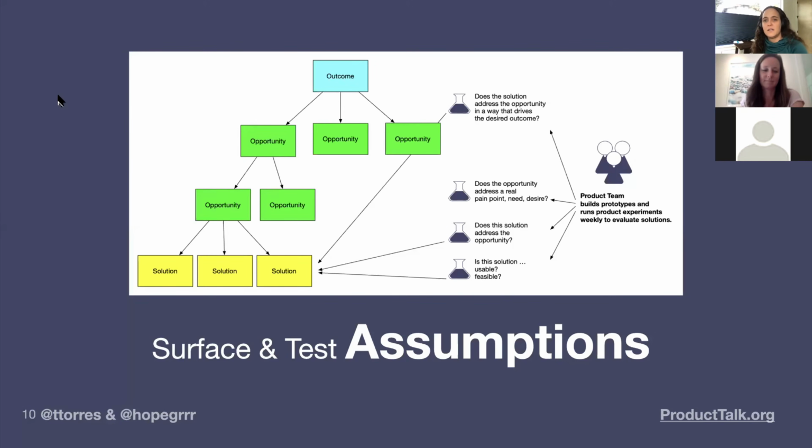Yeah, so I think an assumption is a belief, right? So this is where we really run into the limitations of product teams not being trained scientists. So I'm going to distinguish between these, and then maybe Hope and I can talk a little bit about what's really required. So I would say an assumption is a belief, right? It's something that we assume to be true. And I think it can be formed in any way you want.